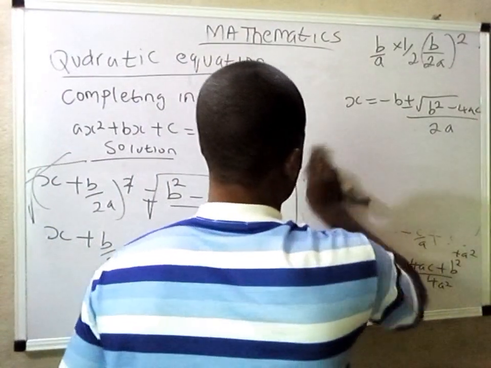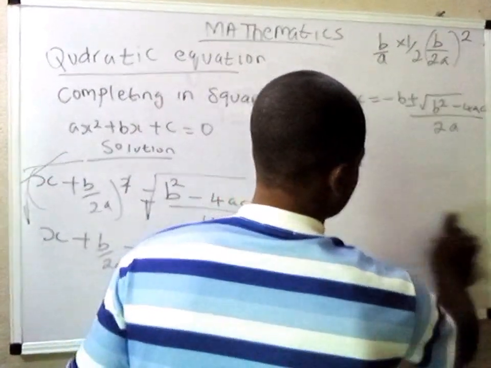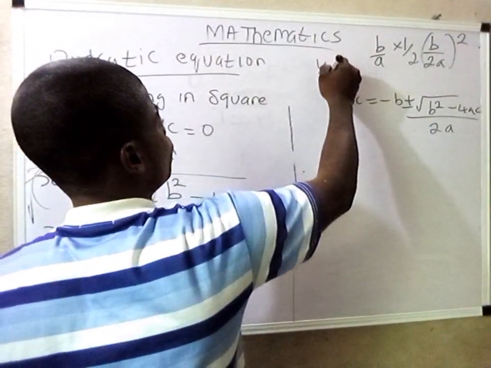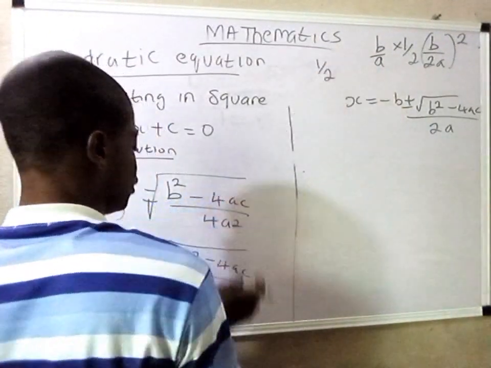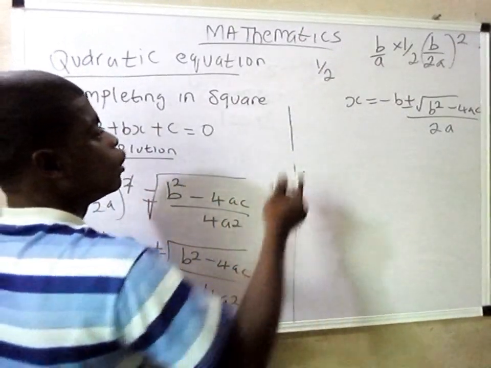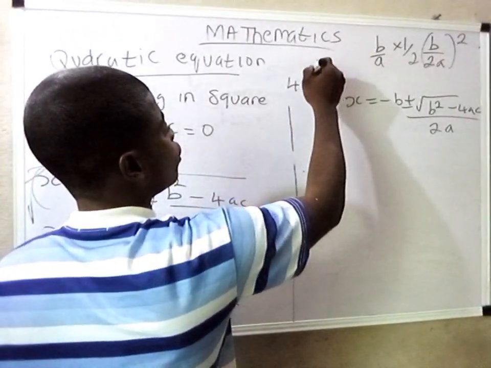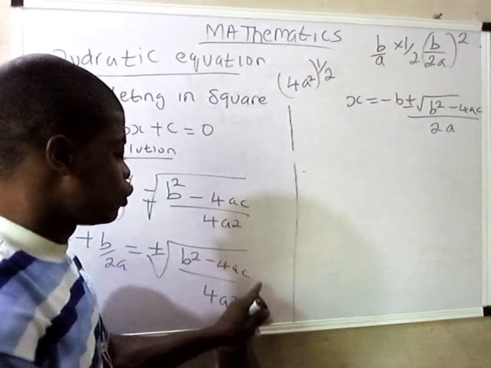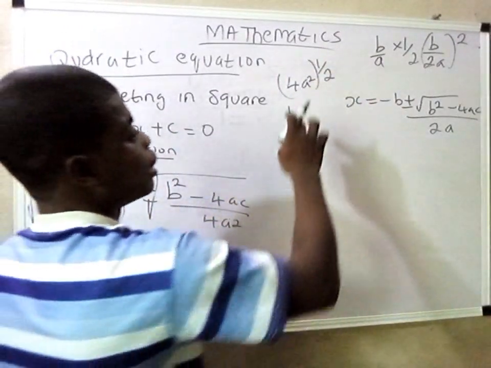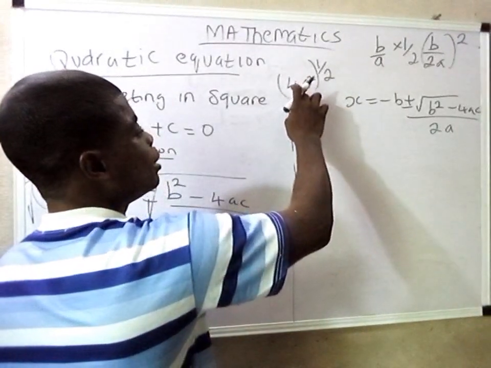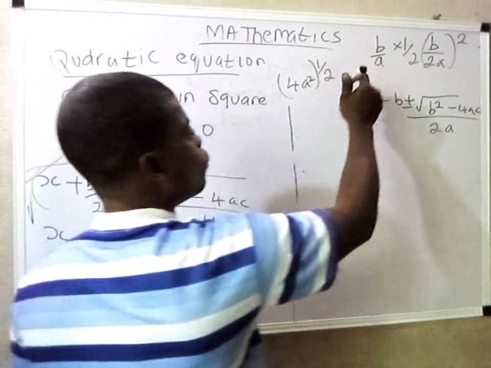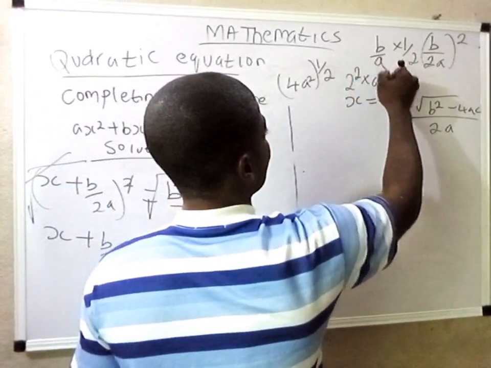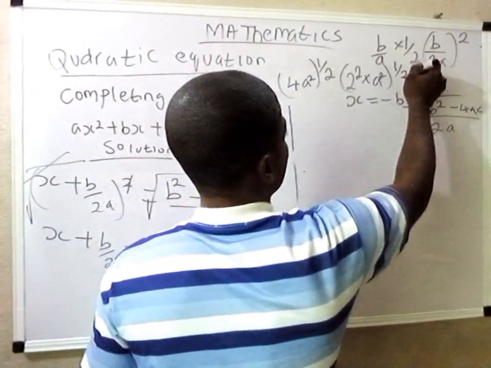Remember that a square root can be represented as a power of one half, an inverse power. So we can represent this 4a squared in index form as 2 squared times a squared, raised to that power, which is the square root.